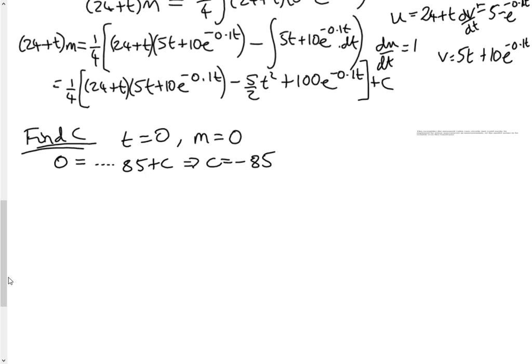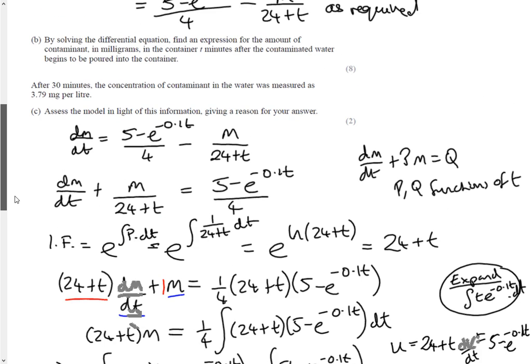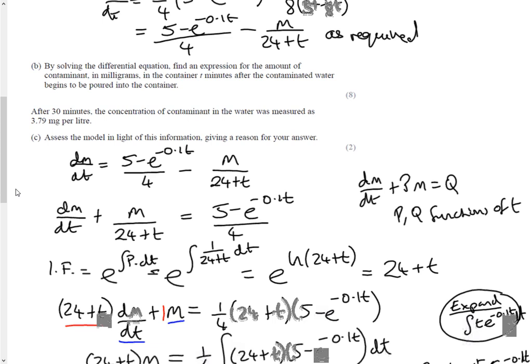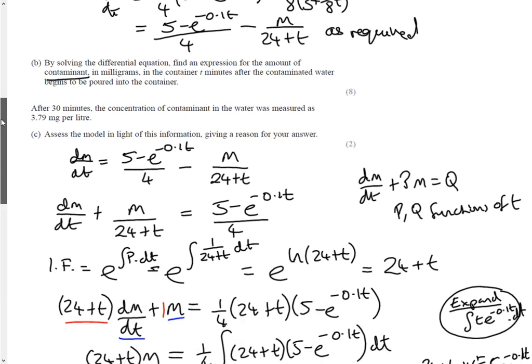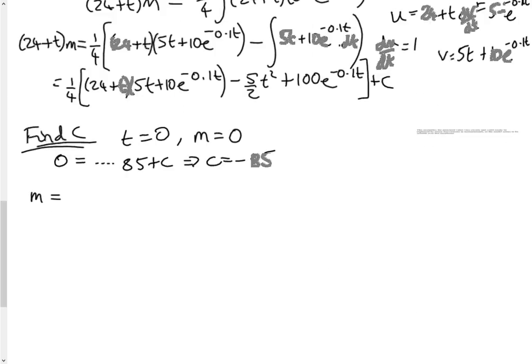And then you can rearrange your expression. Now just check in the question, yeah, it wanted an expression for the amount of contaminant, so that's M. So you do need to then rearrange your expression to get to M. And a kind of fully expanded and simplified version is this.